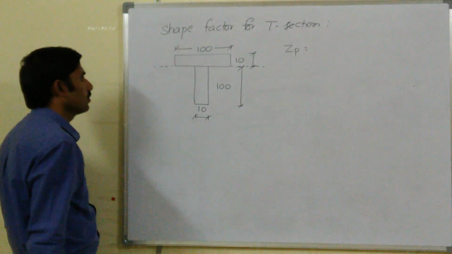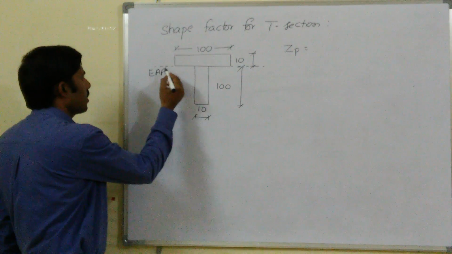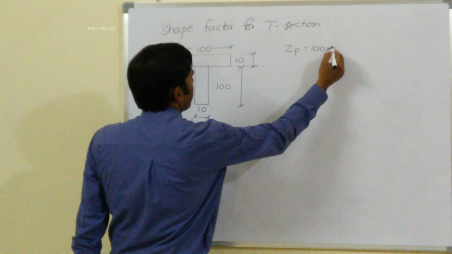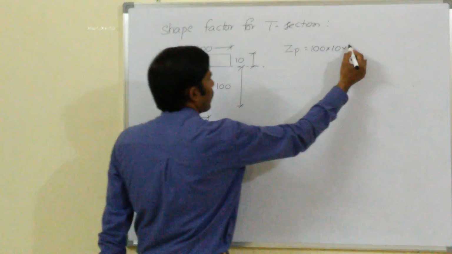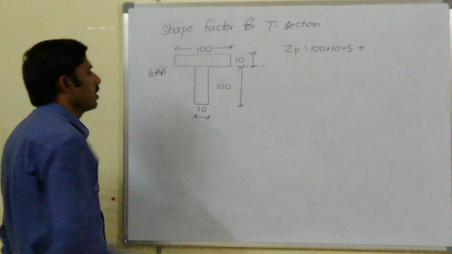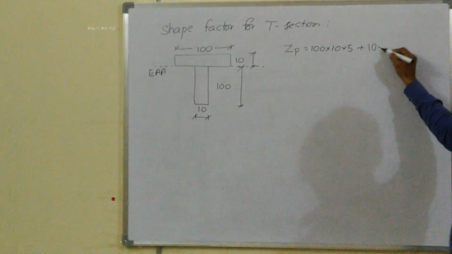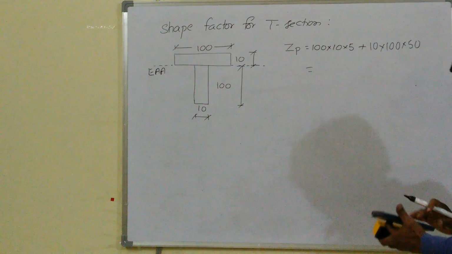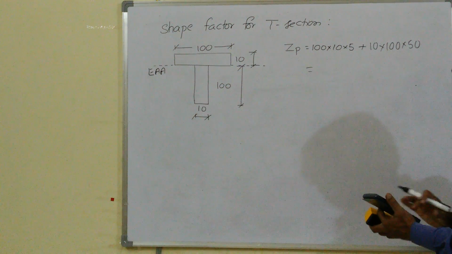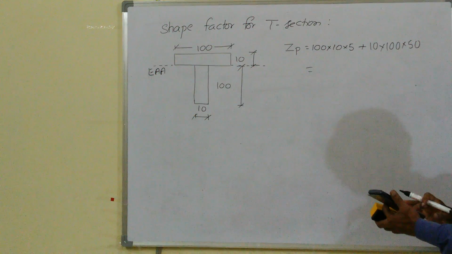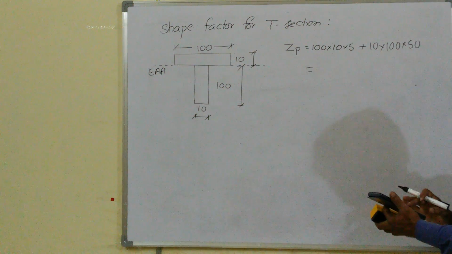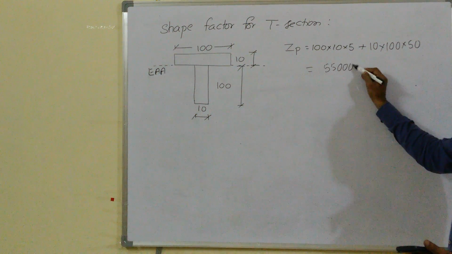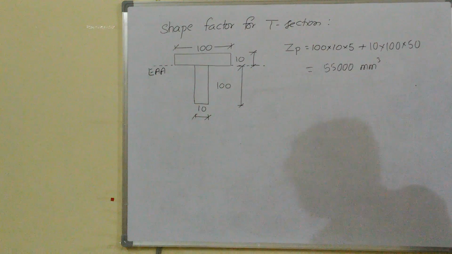Now Zp equals, already we know that, 100 into 10 into 10 by 2, that is 5, plus this is 10 into 100 into 100 by 2, that is 50. So that equals 55,000 mm cube. That is Zp.